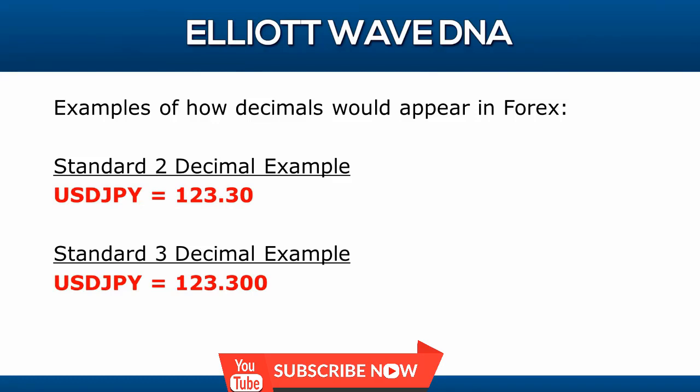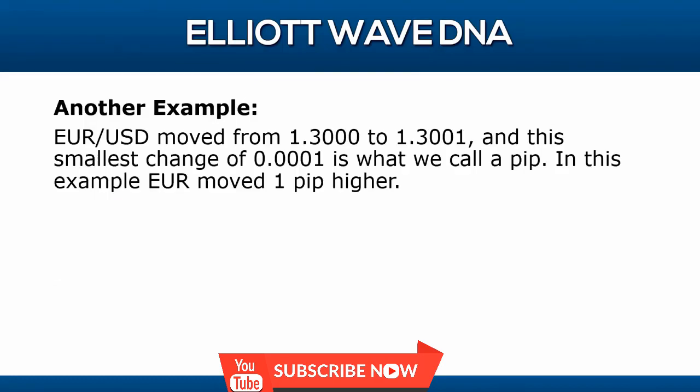Standard 2 decimal example. Dollar yen is quoted at 123.30. So you can see just 3 and 0 after the point. Standard 3 decimal example. Dollar yen is quoted at 123.300. So you can see 3 numbers after the dot.